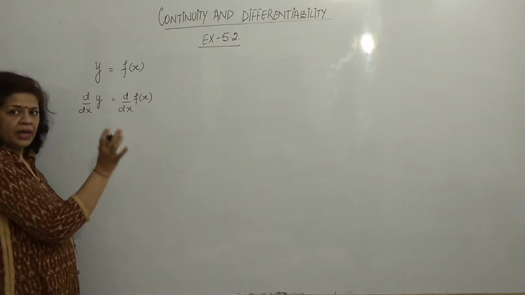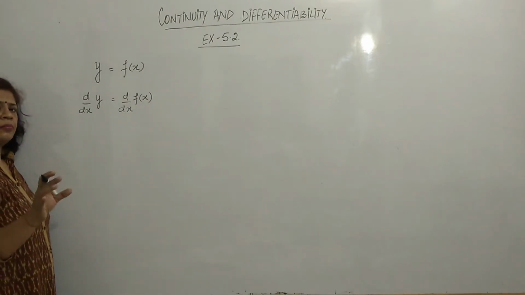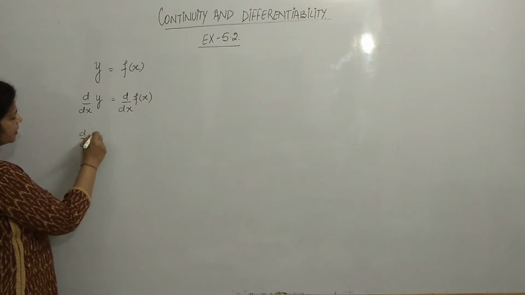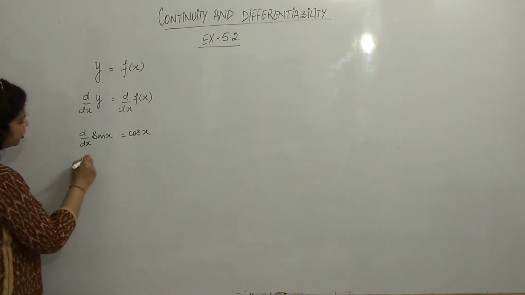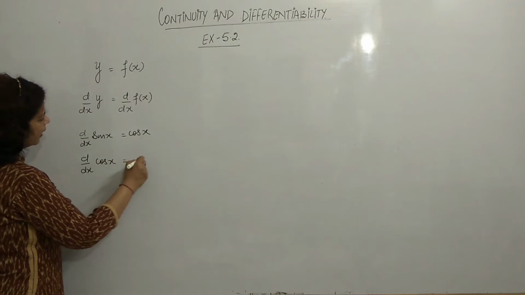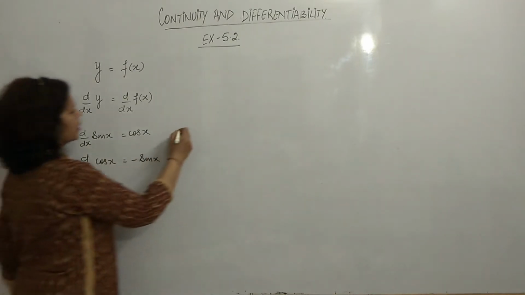with respect to x. And we know very well some standard formulas, like the differential of sin x is cos x, the differential of cos x is minus sin x. These are some trigonometric functions.